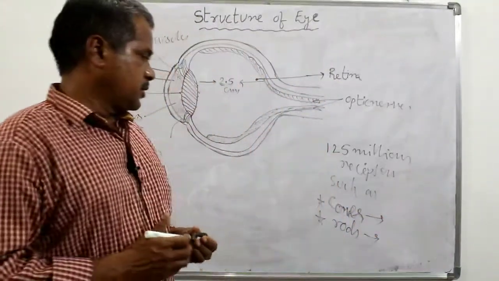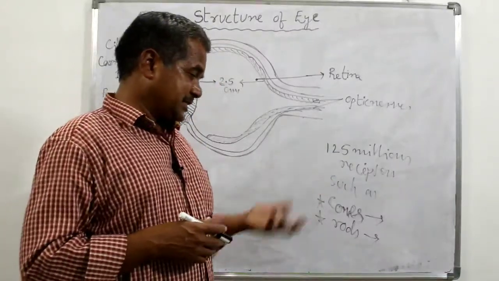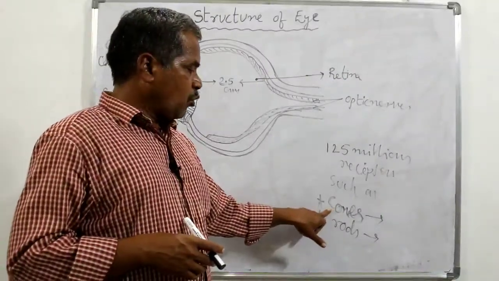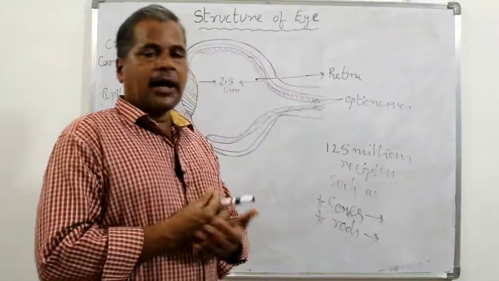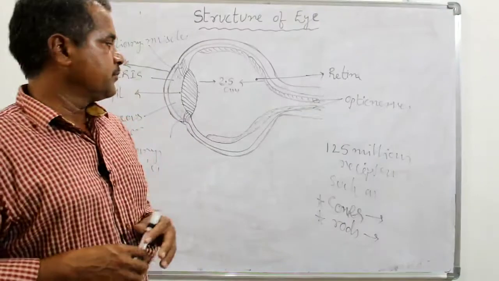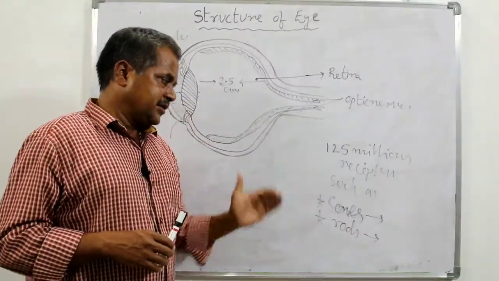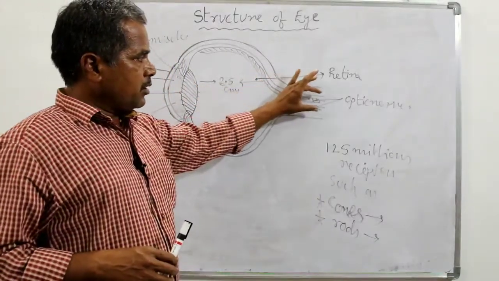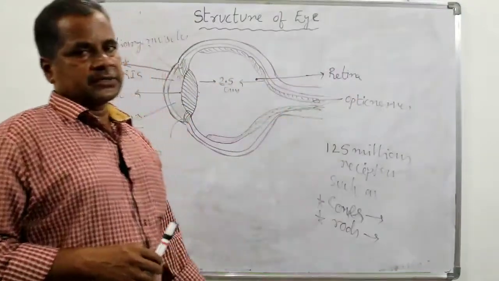These receptors receive the light signals in such a manner. Cones identify the colors and rods identify the intensity of the light. So this processed information transfers to the brain through the optic nerves.